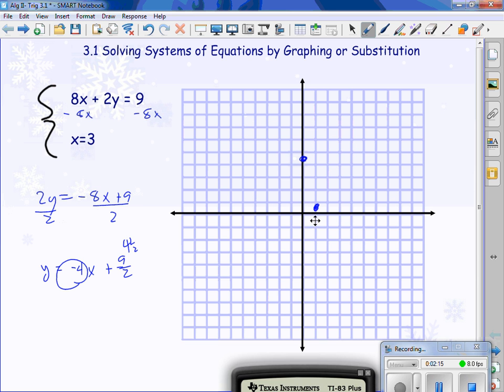Now, it is very important that you do these problems with the ruler or something that has a straight edge. You have rulers on your desks, but you don't have to use a ruler. You can use your notebook, your calculator, something that's going to give you a straight line. Accuracy is going to play a huge part in this. Take your ruler, draw a straight line as best as you can through the points.